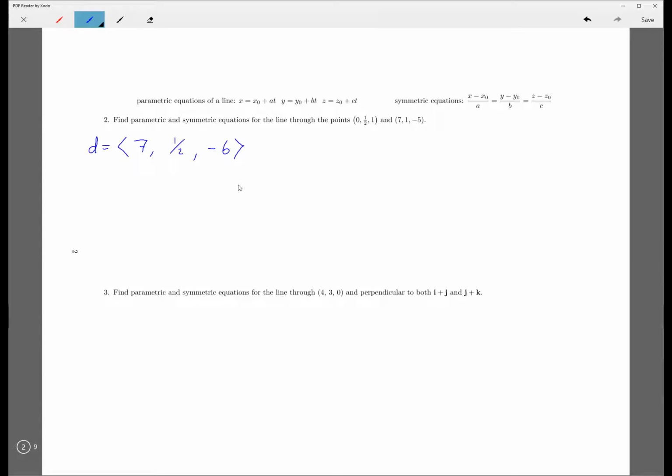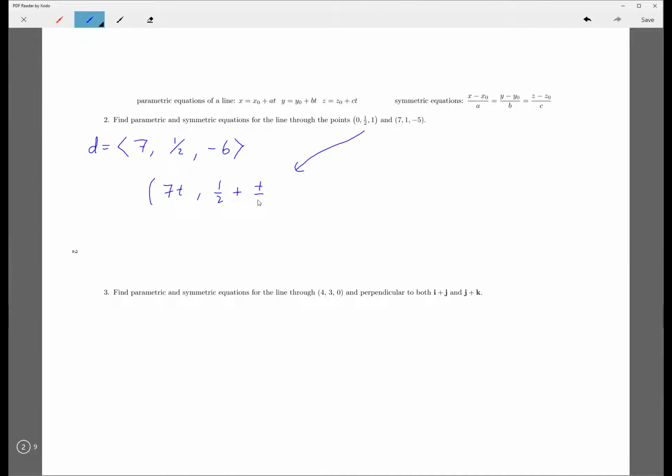Okay, and then, so let's go ahead and write this down. So for the x of t, that's going to be this point here, 0 plus 7t. And then we'll use this point here. So that's 1/2, and then this is a 1/2 t.